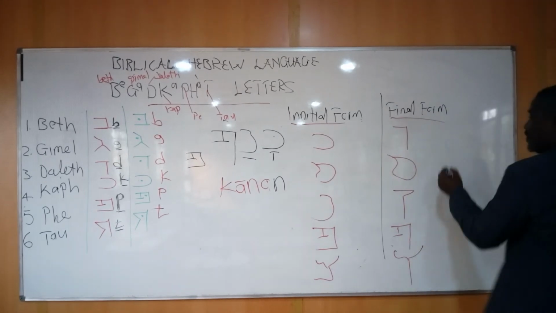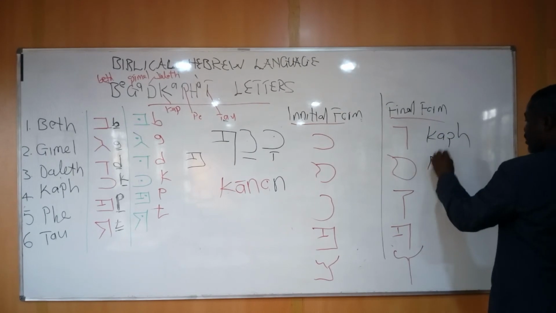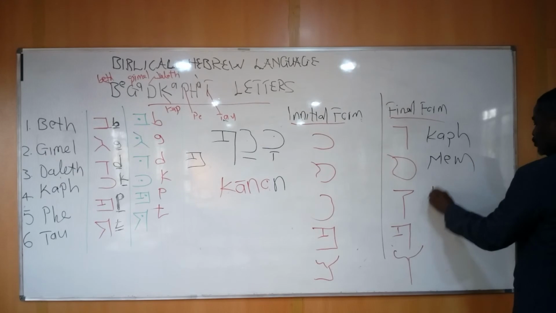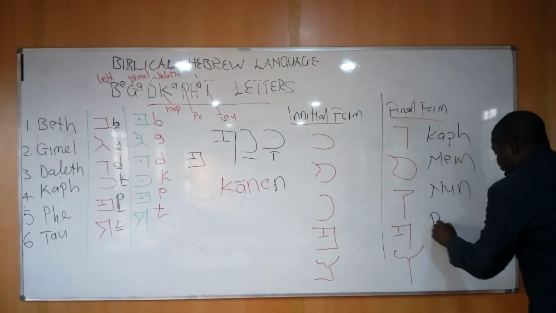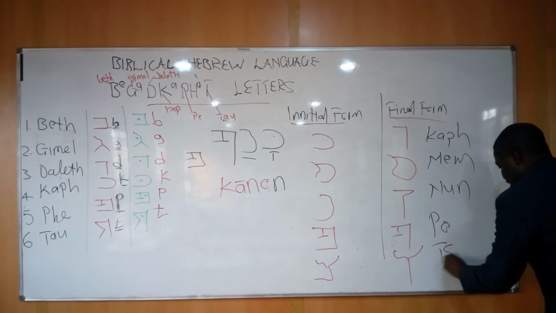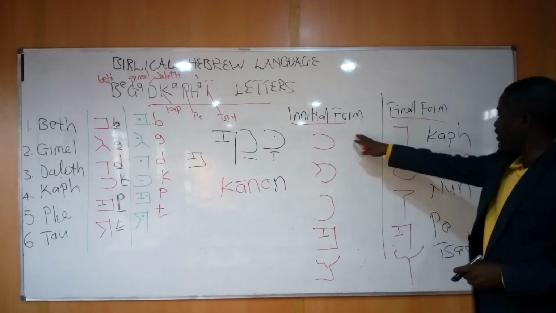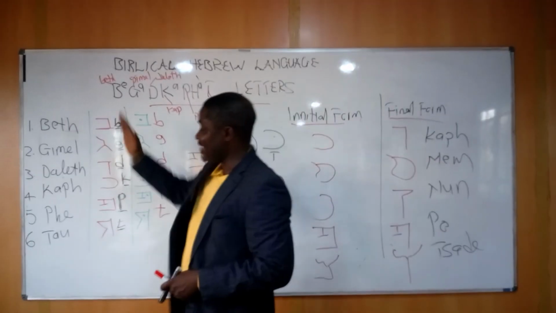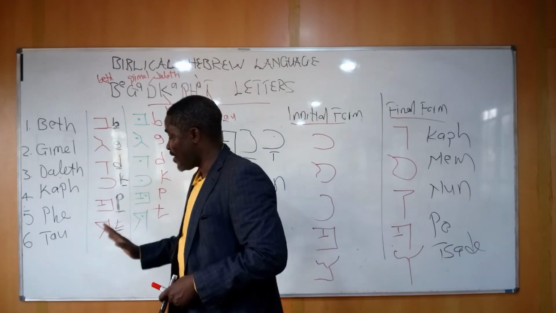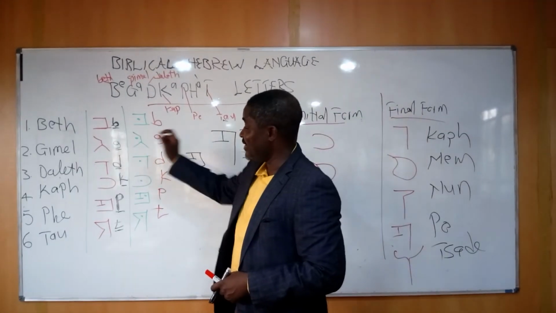So it involves, first of all, Kaf, then Mem, then Nun, then Pe, then Sade. That is for initial and final form. But for Begad Kefat letters, you have Bet, Gimel, Dalet, Kaf, Pe, and what? And Tav.